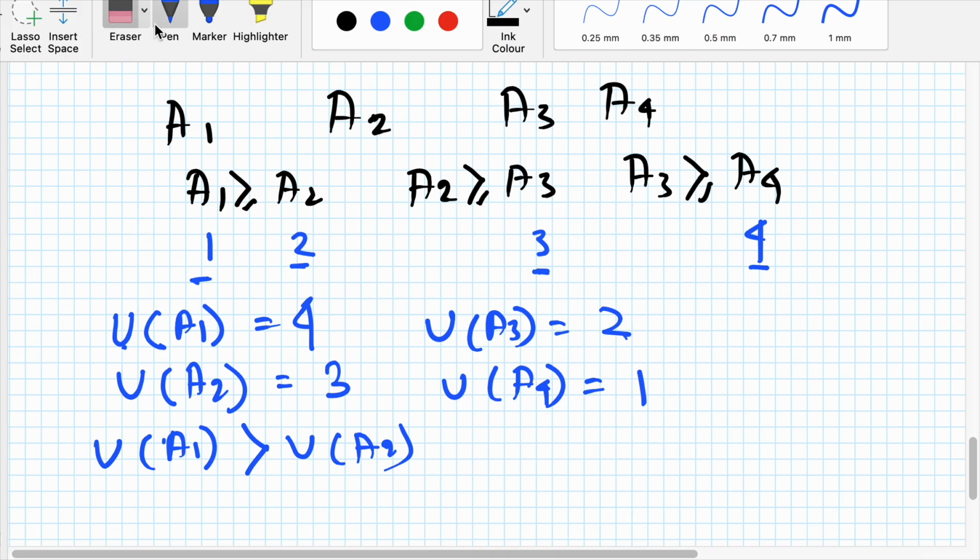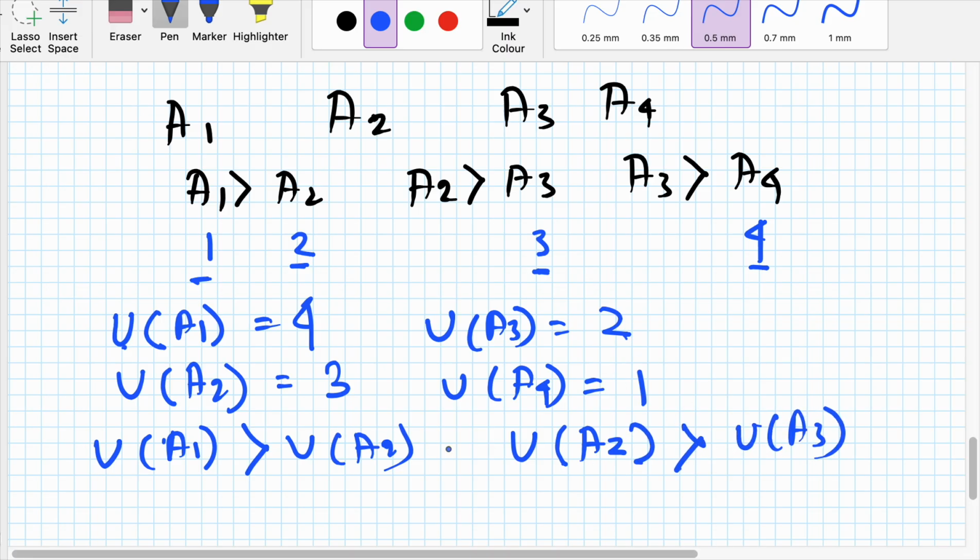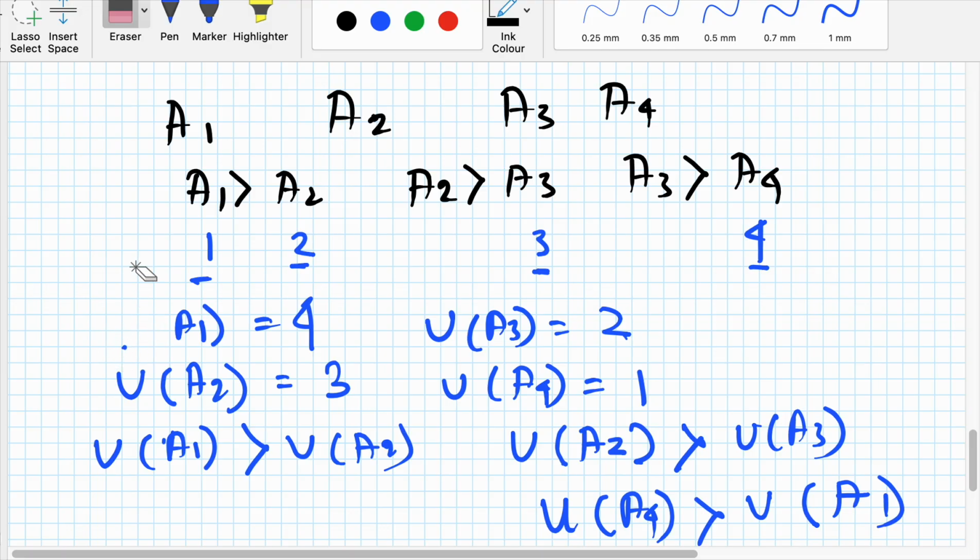So utility of A1 is greater than utility of A2, utility of A2 is greater than utility of A3, and utility of A3 is greater than utility of A4. So by representing with these numbers we can associate the utility, and these utilities are nothing but the index function that we are talking about.